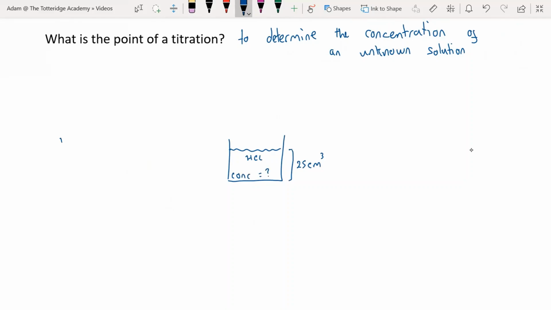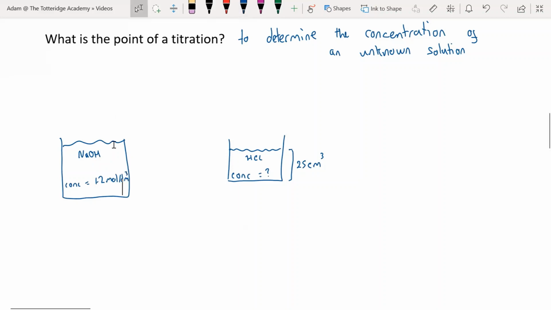I then get another beaker, and in that I put some more stuff, but this stuff isn't HCl, it's NaOH, sodium hydroxide. And I know that this has a concentration of 1.2 moles per dm cubed.